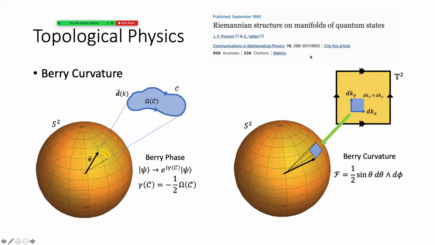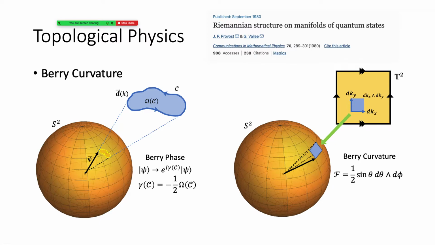So for example, if we think of the space of spin half particles, which is like the electron, as the sphere, then when you parallel transport the electron in a loop on the sphere, and when you return back to the original position, you have some sort of rotation of the quantum state, similar to how our vector rotated.